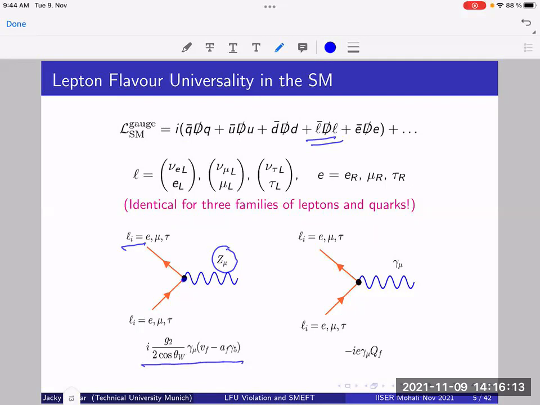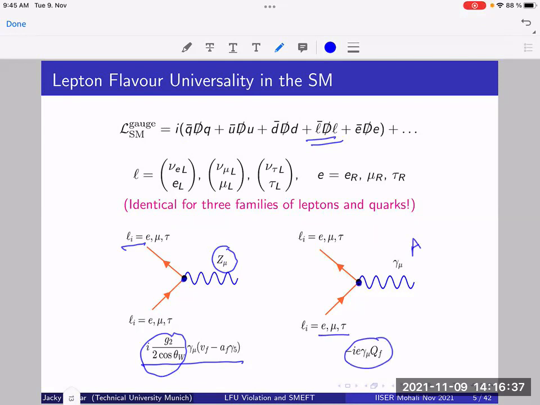It has the same Lorentz structure, and even the coupling strength is the same. Similarly, when you expand the covariant derivative, you also get interactions of the photon with the leptons, and this is also exactly the same for all three families.